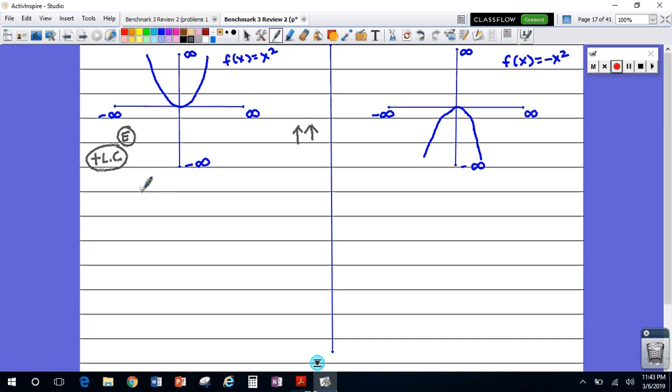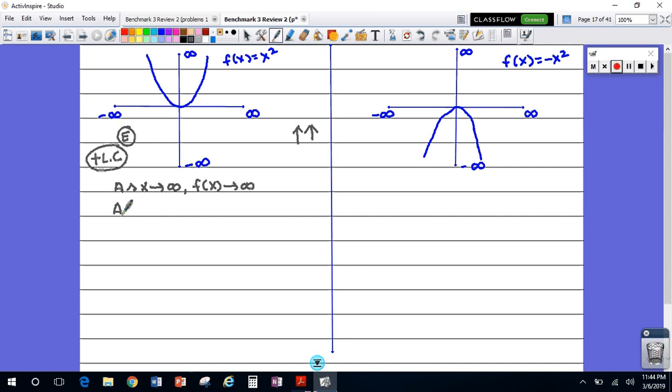But in a mathematical way, if you want to define this, as x tends to infinity, it means your x is going from 0 to infinity in the right direction. Your function f of x is going in the upward direction, so f of x is tending to infinity.